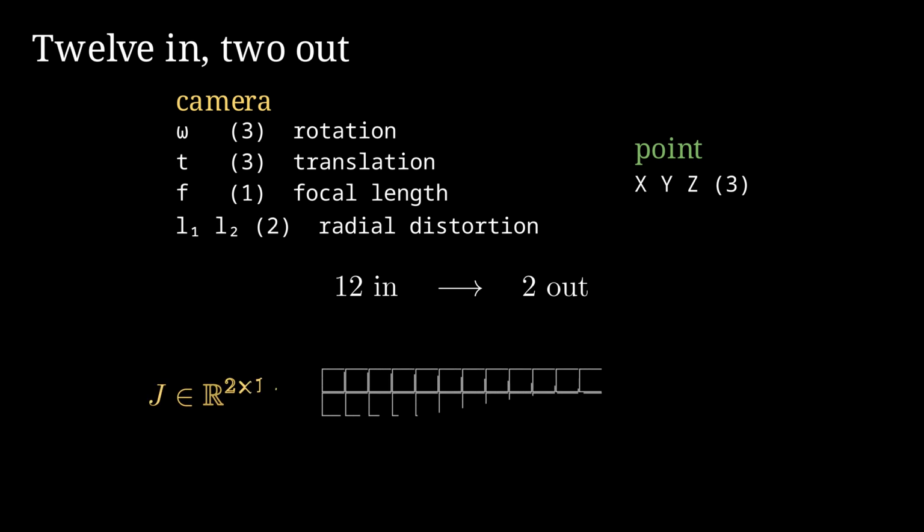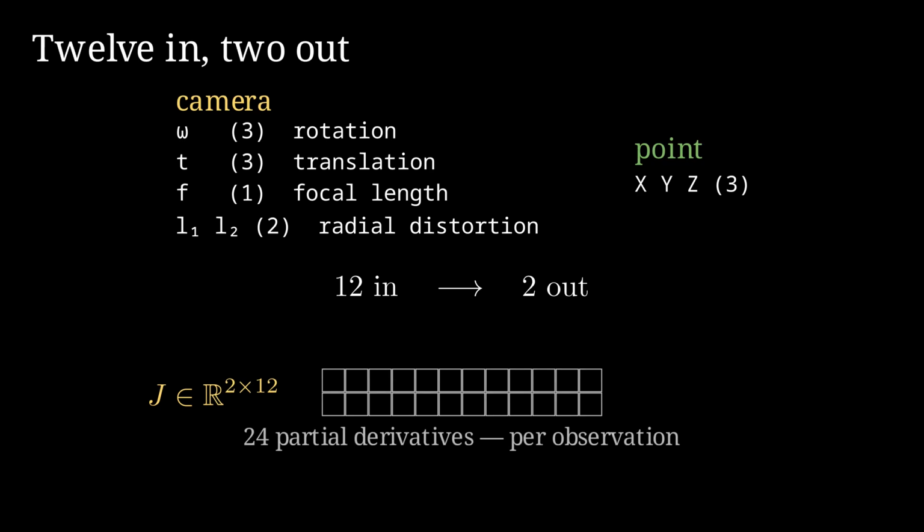So the Jacobian of this thing, the matrix holding every output's sensitivity to every input, which is what the solver actually needs, is 2 rows by 12 columns per observation. We'll build that one properly a couple of videos from now.